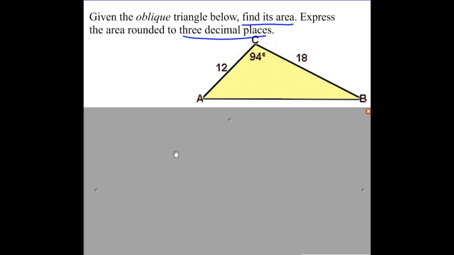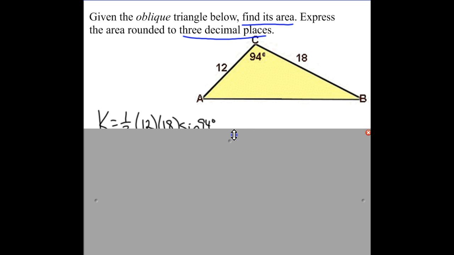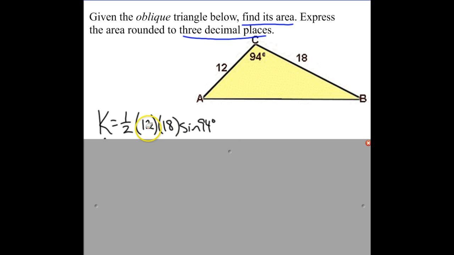Given this oblique triangle, where you have two sides and an angle in between, I want you to find its area, rounded to 3 decimal places. First off, we're going to get out our formula. We're going to multiply 1/2 times the two sides, 12 and 18, times the sine of 94 degrees.